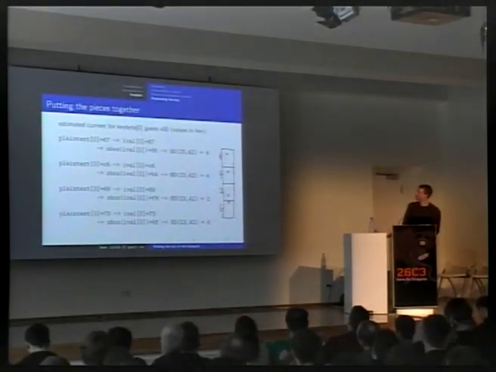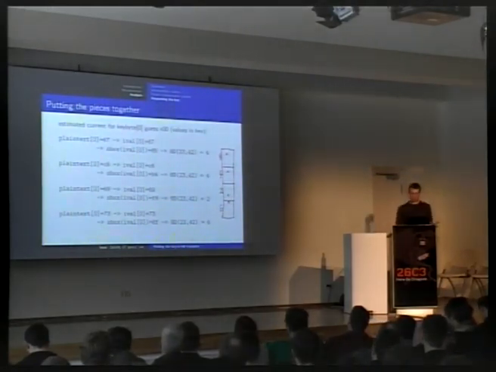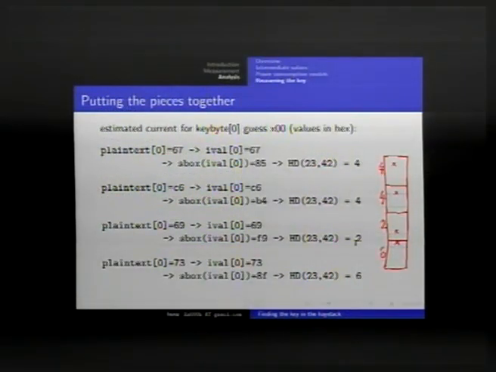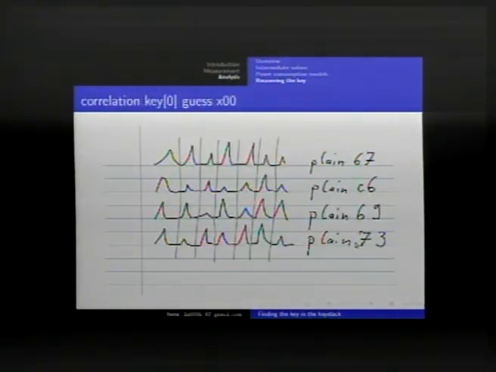And now what we do is we make some kind of stencil from this. So we estimate the power consumption: 4, 2, 6. Now we have our power traces. Here we have more power and less power, the x-axis is the time, the samples, and the y-axis is the value of the power being consumed.